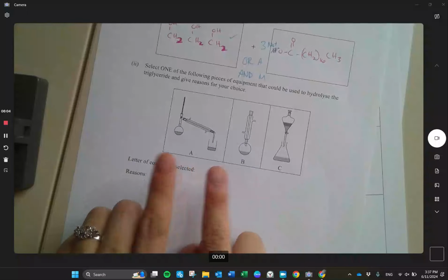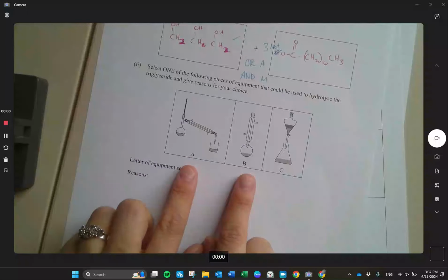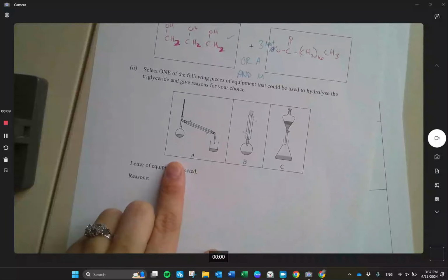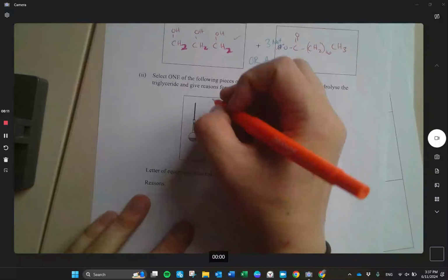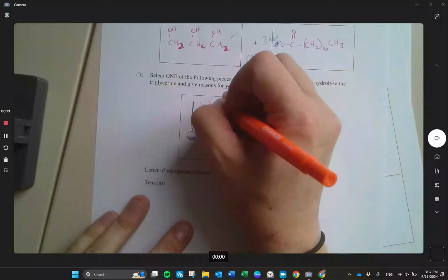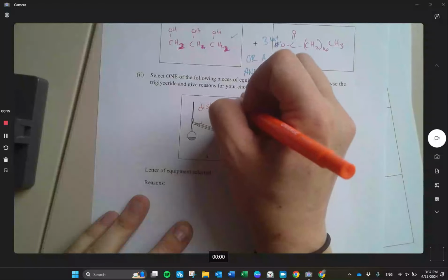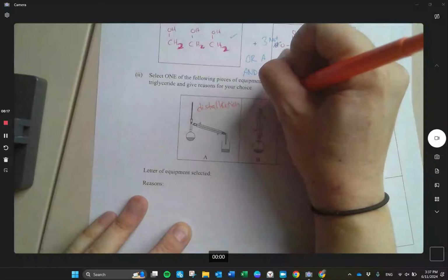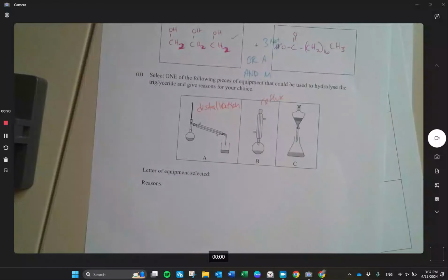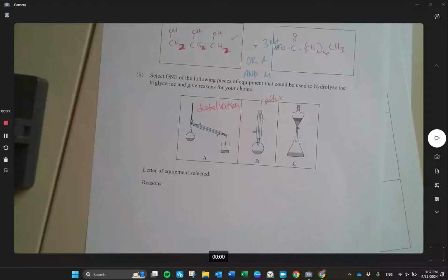This one here is distillation. This one here is reflux. You only need distillation to make aldehydes. So you only use this for aldehydes.